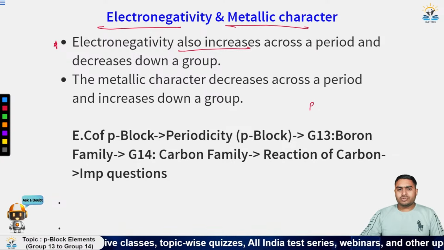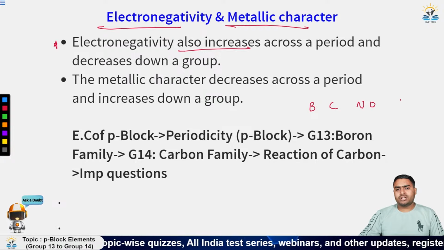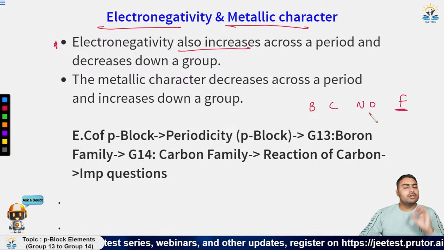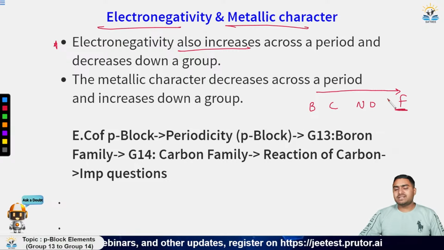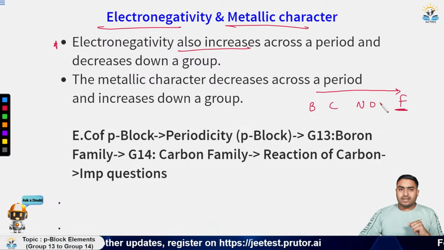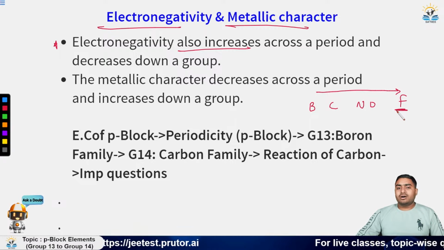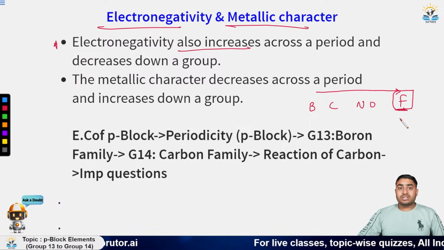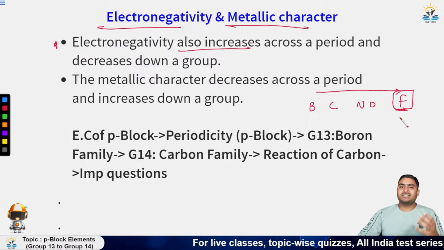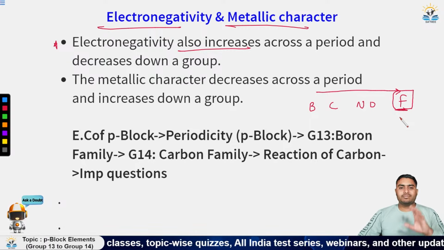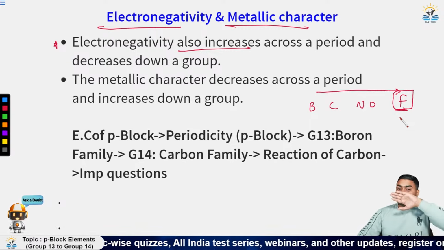You can see here, suppose I am comparing boron, carbon, nitrogen, oxygen and fluorine. Fluorine is more electronegative as compared to oxygen, nitrogen, carbon and boron, because if you are moving left to right, size decreases, right? Z effective increases. Due to the increase in Z effective, the attraction power of the fluorine nucleus will increase, and it can attract the shared pair of electrons more easily as compared to oxygen, nitrogen, carbon and boron.